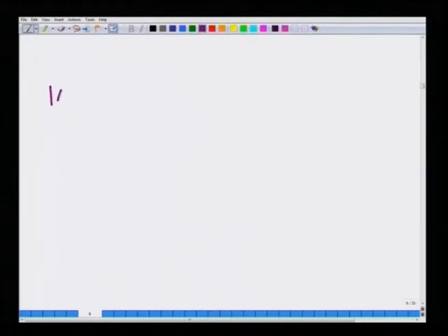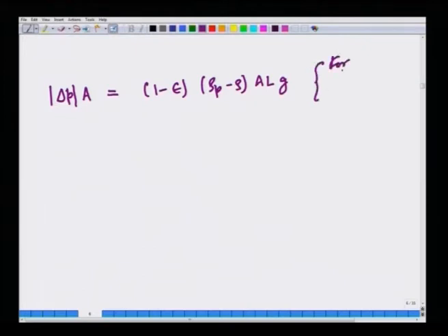So, essentially we relate delta p times A, the upward force, to be equal to the downward force at steady state at the onset of fluidization. And this will give you the criterion for the minimum velocity for fluidization.